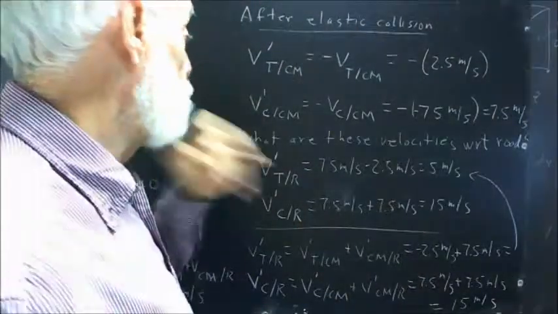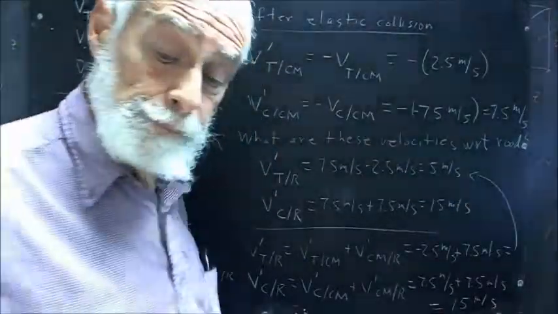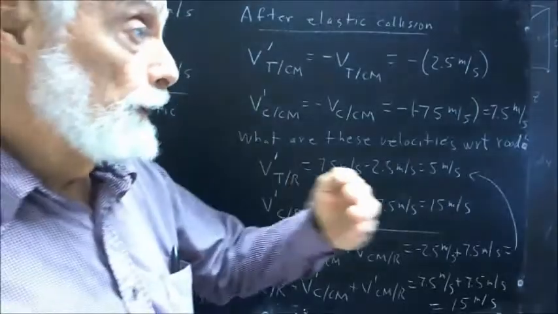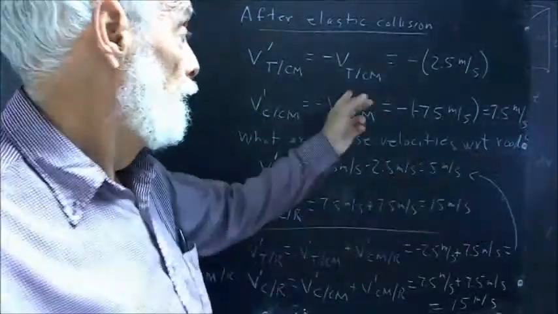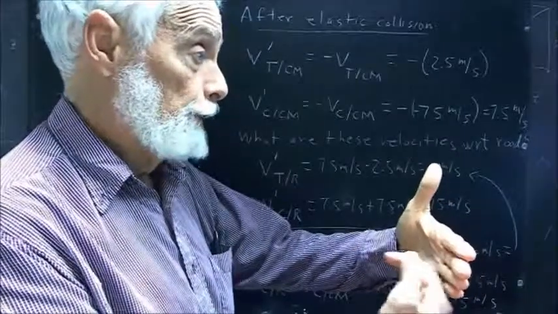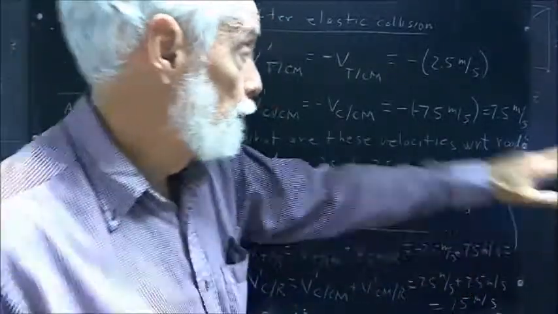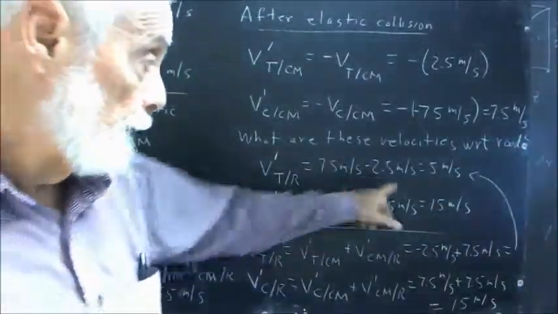So now the question is, what are these velocities with respect to the road? Well, center mass is still moving at 7.5 meters per second. The truck is receding from it relative to center mass at 2.5, so it's 2.5 meters per second less than the 7.5, or 5 meters per second. Okay?